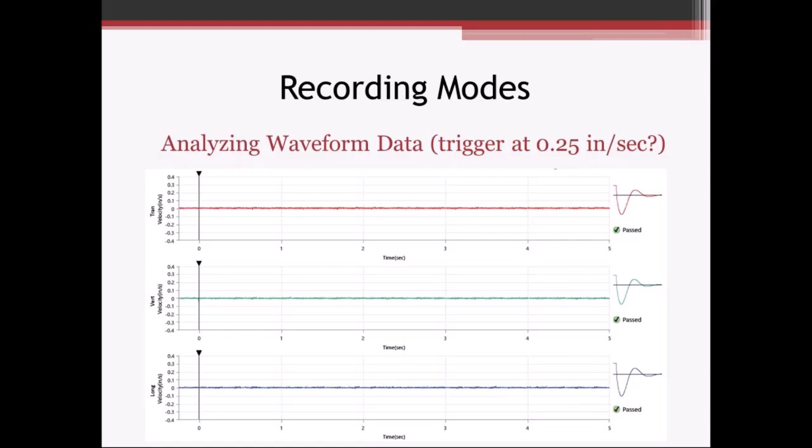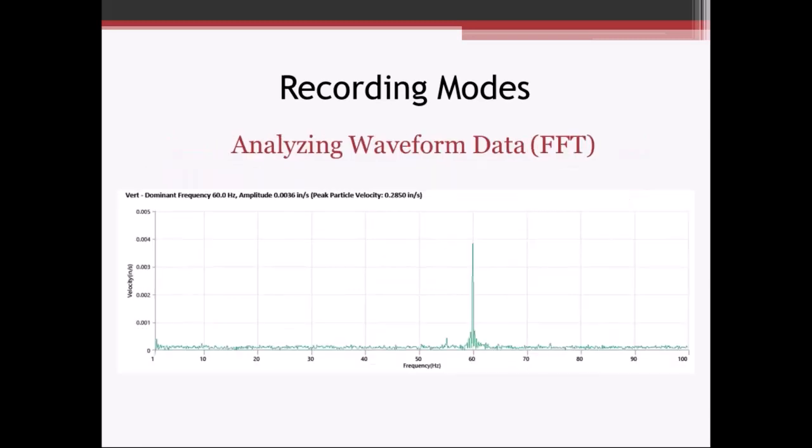But taking a look at this waveform event, knowing that we set a trigger at 0.25 inches per second, looking at this scale, it doesn't look like anything really got up to 0.25 inches per second. So we're going to do a little bit of analysis and see what's going on here.